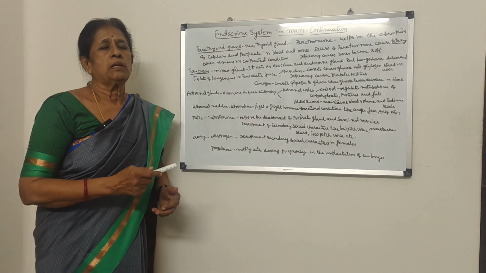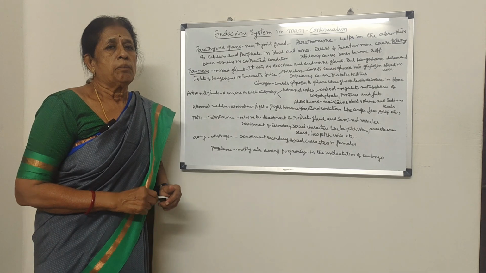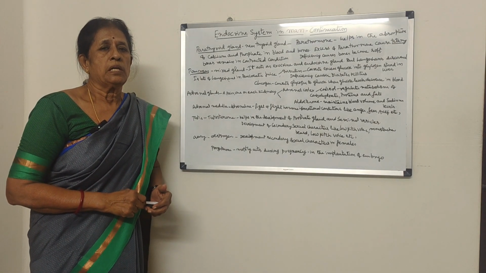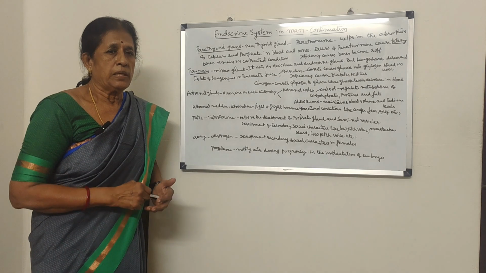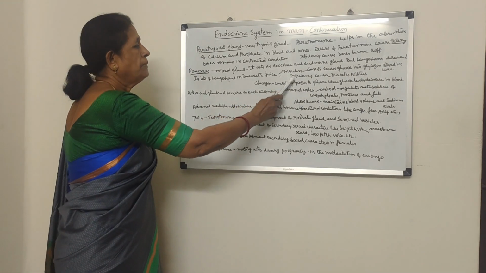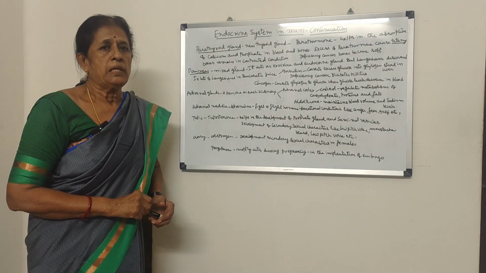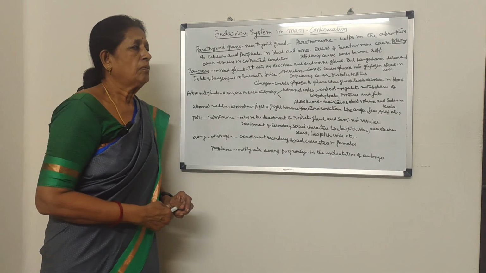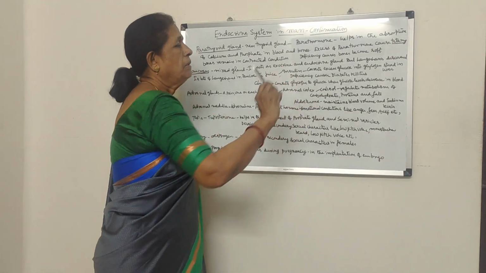The glucose will not get converted into glycogen. So the person's blood and urine contain excess glucose. When, due to deficiency of insulin, the person's blood and urine contain excess glucose, that condition is said to be diabetes mellitus.